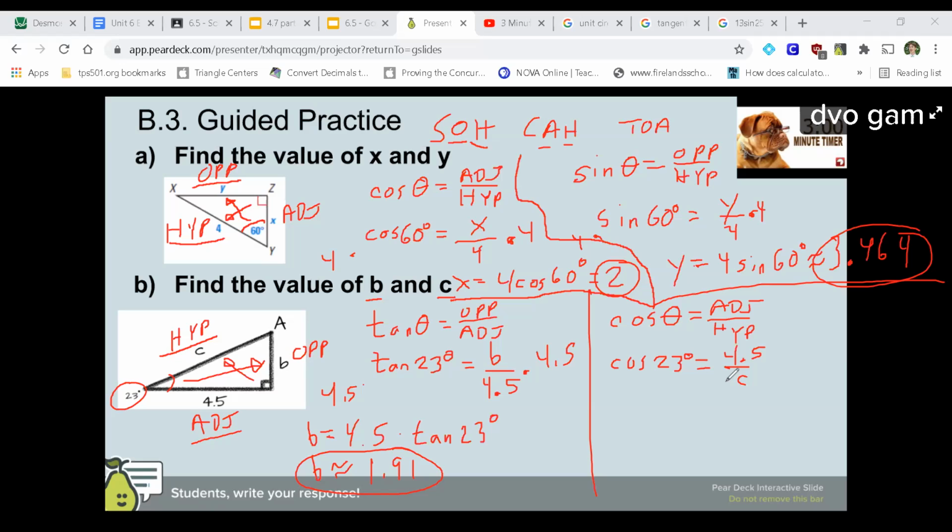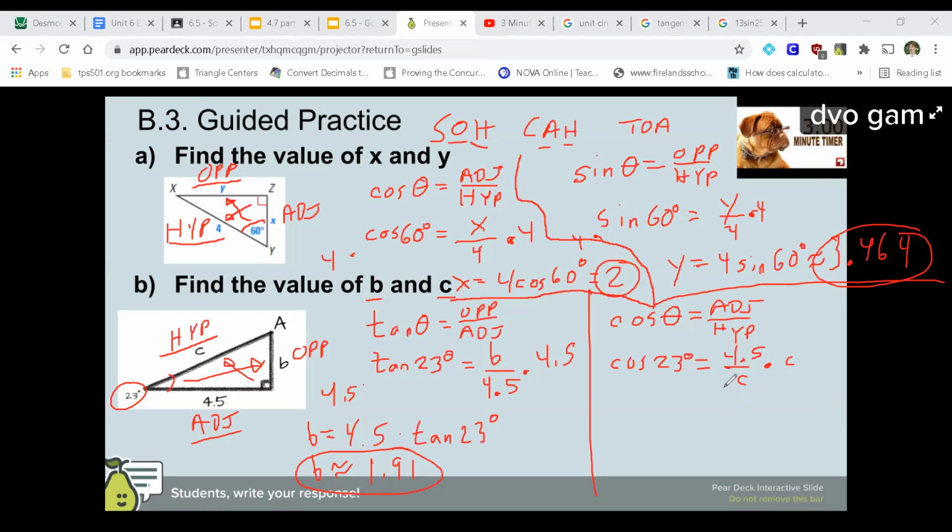Oh no, that's not great. Well, we can still figure it out. All you have to do is get C out of the denominator. So what's the opposite of dividing by C?